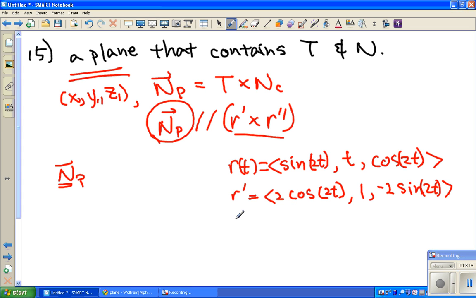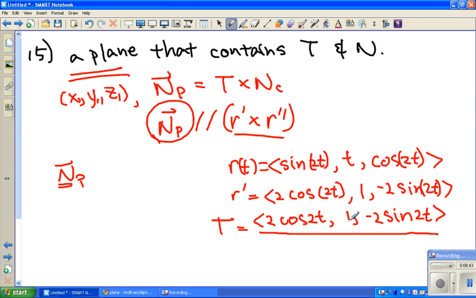And then in order for us to get the unit tangent vector here, it would have been this. It will be simply 2 cosine of 2t and 1 and negative 2 sine of 2t. But divide the whole thing by its magnitude.